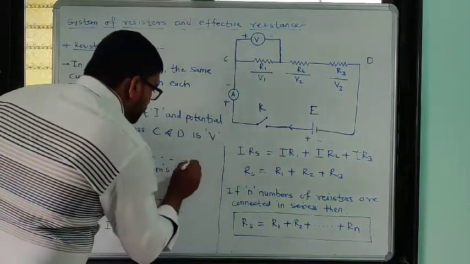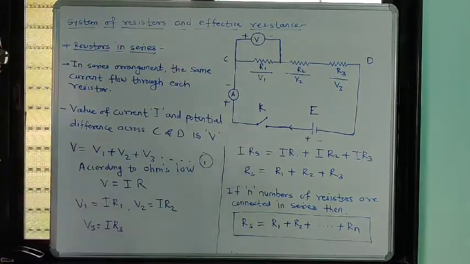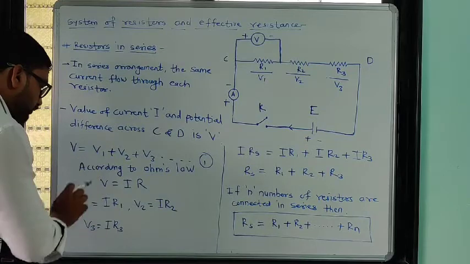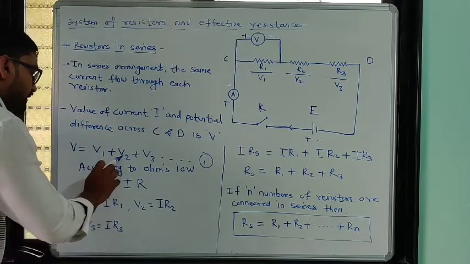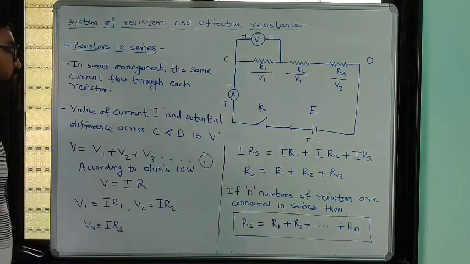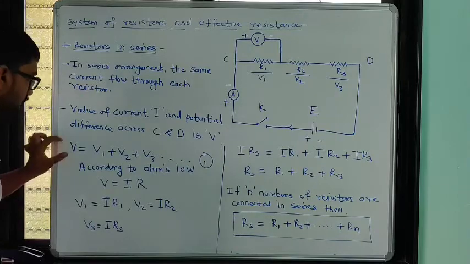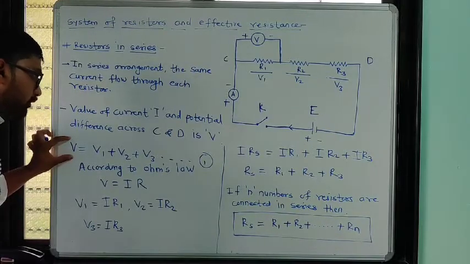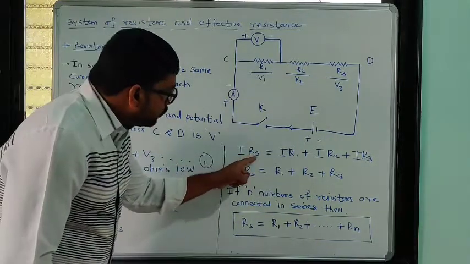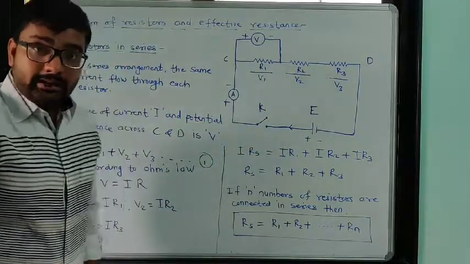We call it equation number 1 and put all these values in equation number 1. Instead of V1, we put IR1, instead of V2, we put IR2, and instead of V3, we put IR3. And instead of V, we put I into RS, because these three resistors are connected in series.